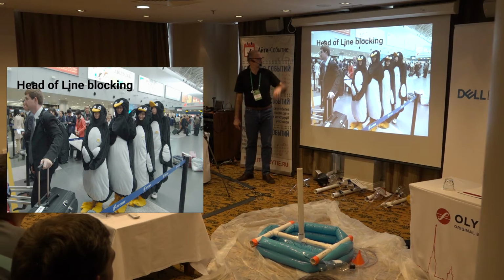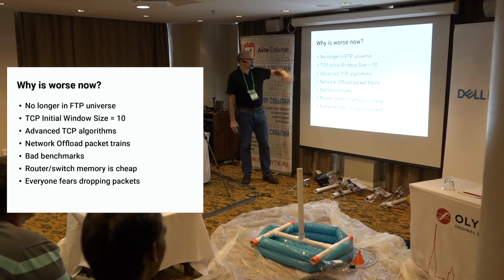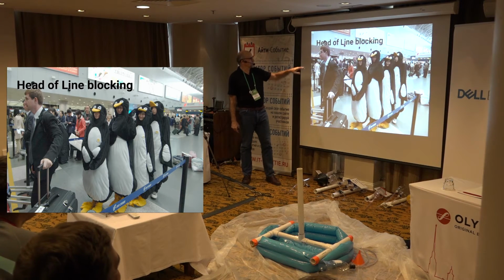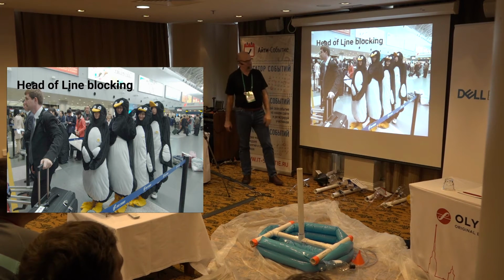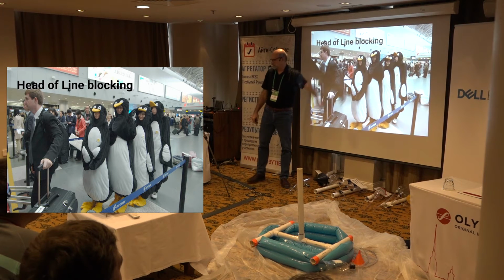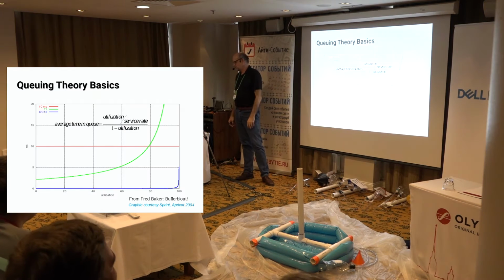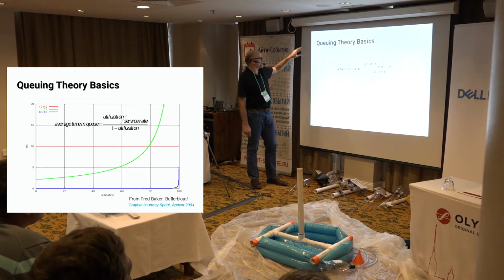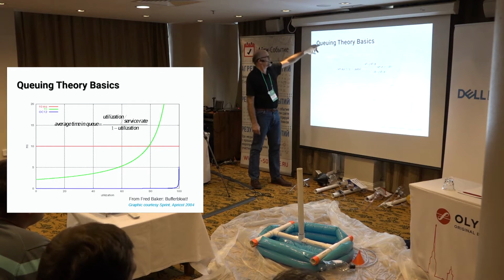And what happens, go ahead, penguins, please. So what happens is what's called head of line blocking. We have this one really slow guy who can't get through passport control, and all the penguins get stuck behind. That was me yesterday. And what happens also is, this is queuing theory basics.